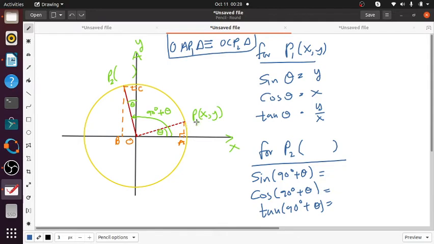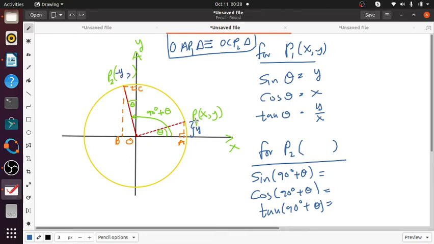So if the coordinate of P1 is (x, y), then y, being this side, should be equal to P2C. P2C is in the x direction now. Since this is in the second quadrant, the x coordinate is negative, so we'll write it as minus y.